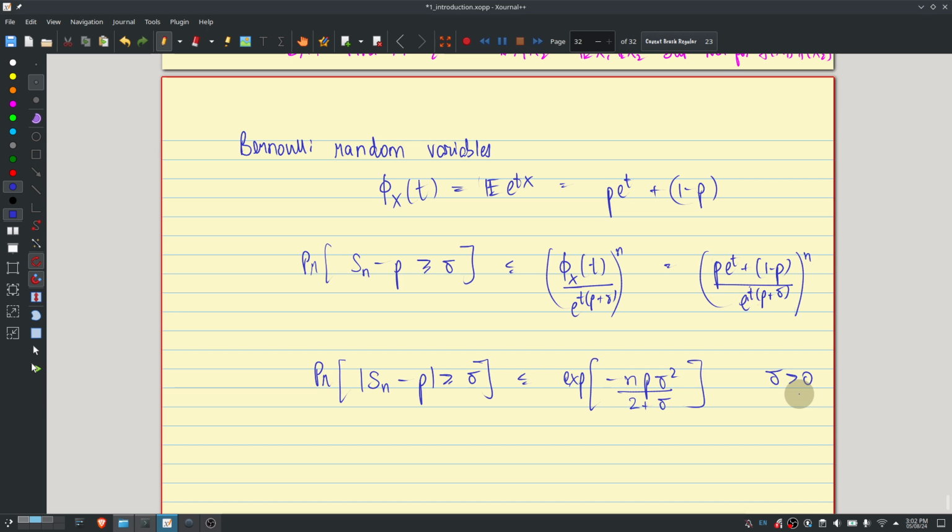So in fact, this is a homework problem for you. I think, I don't remember which question it is in the homework, third or fourth problem. And for delta between 0 and 1, you can improve this a little bit. I mean, this is slightly nicer to work with: minus n times p delta square divided by 3.